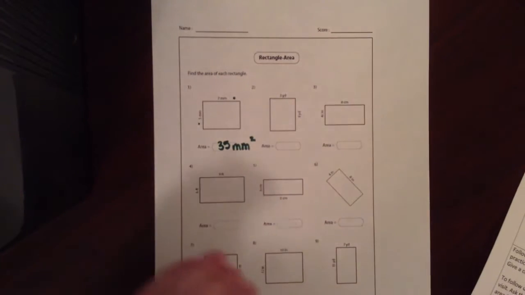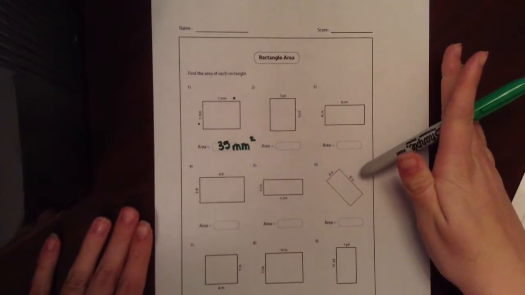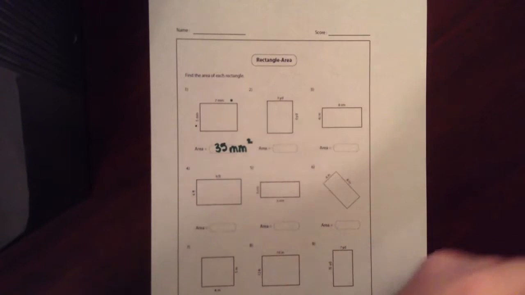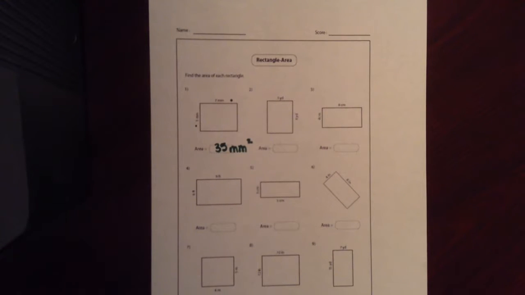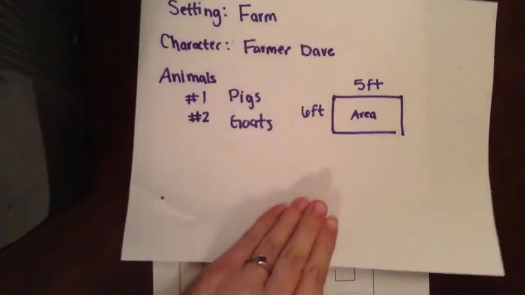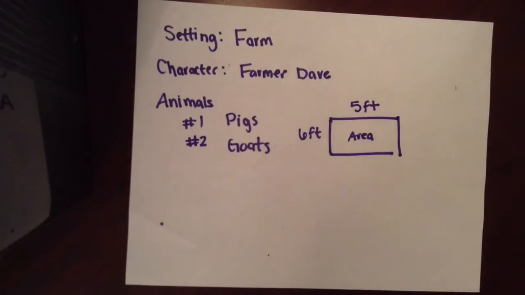As the wrap up, after this worksheet has been completed and corrected by the students, addressing any common errors that the students may have, we're going to wrap up the lesson by bringing the students back together. Once completed, remind the students of the problem that the class began with, Farmer Dave and his pig and goat pen.